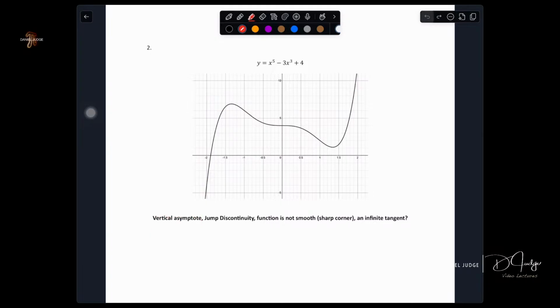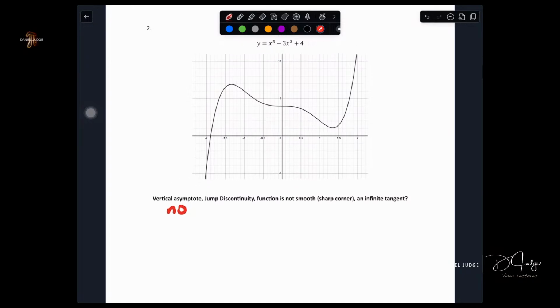So, I mean, we might just go back and just say, okay, how about this? There's no vertical asymptotes. There's no jump discontinuities. There's no sharp corners here, and there's no location on the curve where it looks like there's a vertical tangent.